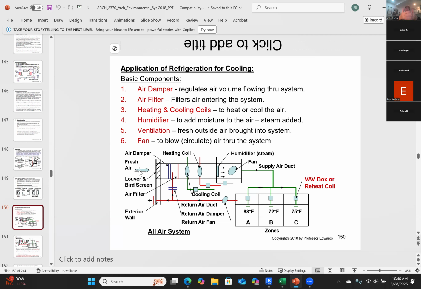Remember when we said that a given volume of air at a certain temperature can hold more or less water than that same given volume of air at a different temperature. So the warmer the air is, the more moisture it can hold without the moisture becoming visible.